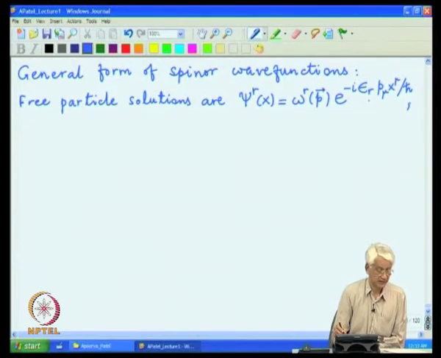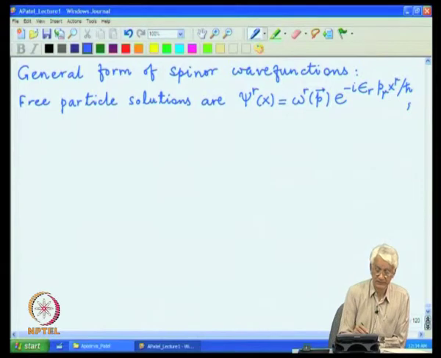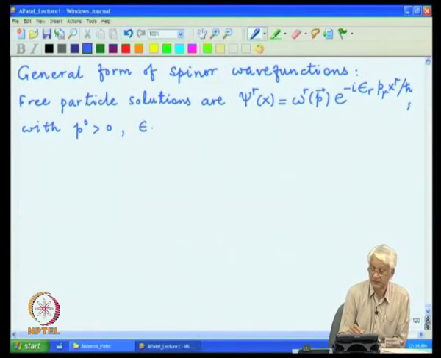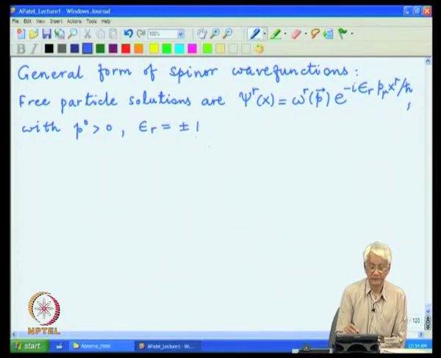And we have explicitly put a label epsilon r, which is actually the sign of the energy, because it is conventional to describe all the solutions with the component P 0 always positive, and so whenever the energy is negative we will take into account that fact by putting epsilon r equal to -1.